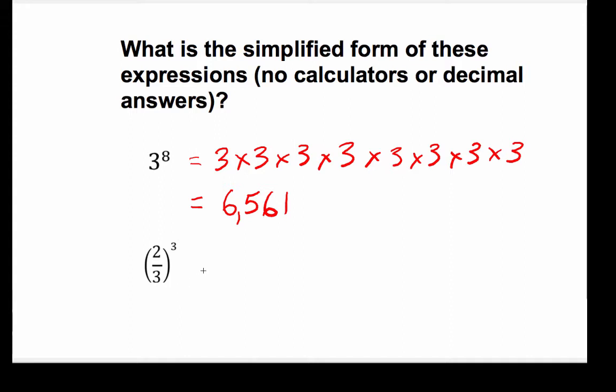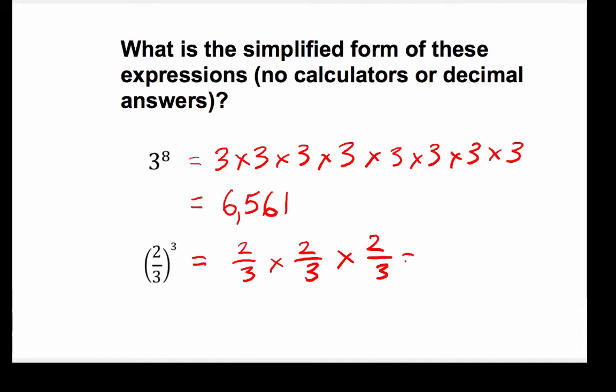All right, our second example here is a little bit different. We have a fraction here inside a set of parentheses, and that set of parentheses is to the 3rd power. Okay, so when we look at this, we need to understand that this whole parentheses is being raised to the 3rd power. So understanding what to the 3rd power means, take the base. Well, the base is 2/3. So we're going to take 2/3 and we're going to multiply 2/3 by itself 3 times.